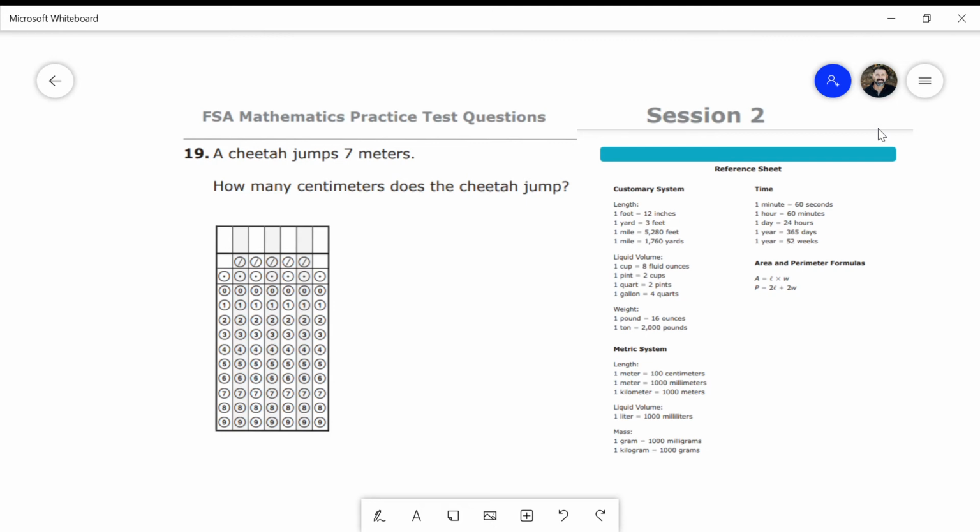Okay, so now we're looking at number 19. Number 19 is a grid response, but it also requires you, unless you have this memorized, but you're not expected to memorize this reference sheet. On the FSA, you're going to be given a reference sheet, and it's typically in the front of the FSA packet.